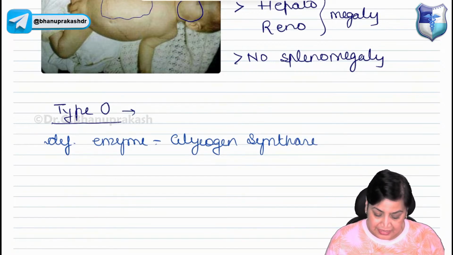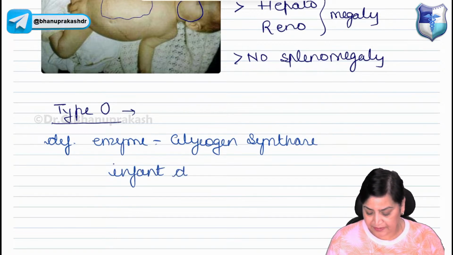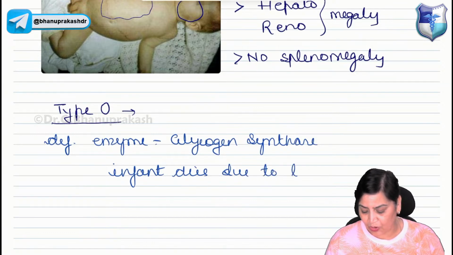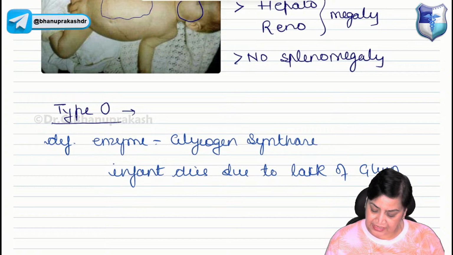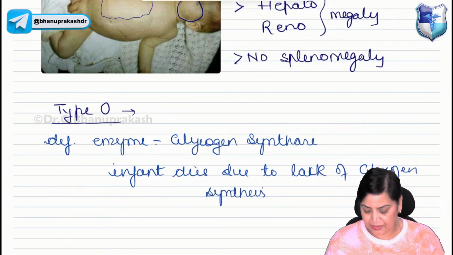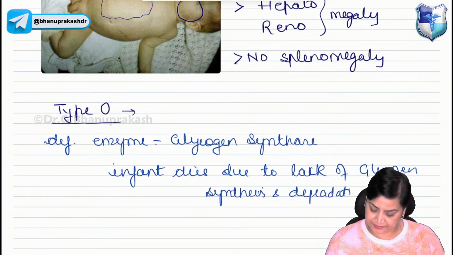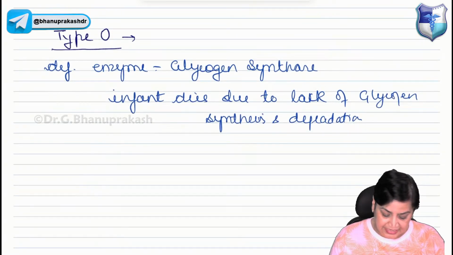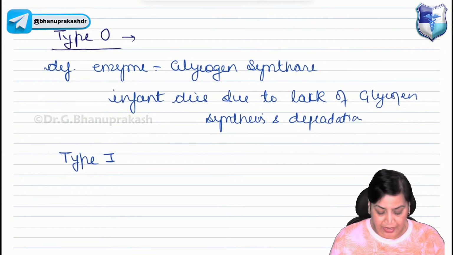So the infant dies due to lack of glycogen synthesis and degradation. Clear?